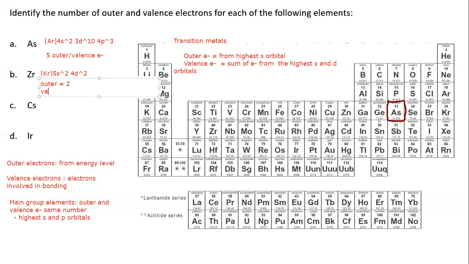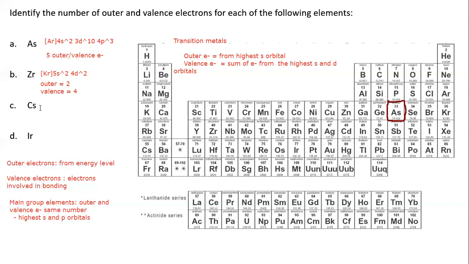The number of valence electrons would be 4. Now for all transition metals, the majority of transition metals are going to have only 2 outer electrons. The valence electrons is the sum of the highest s and d orbitals.